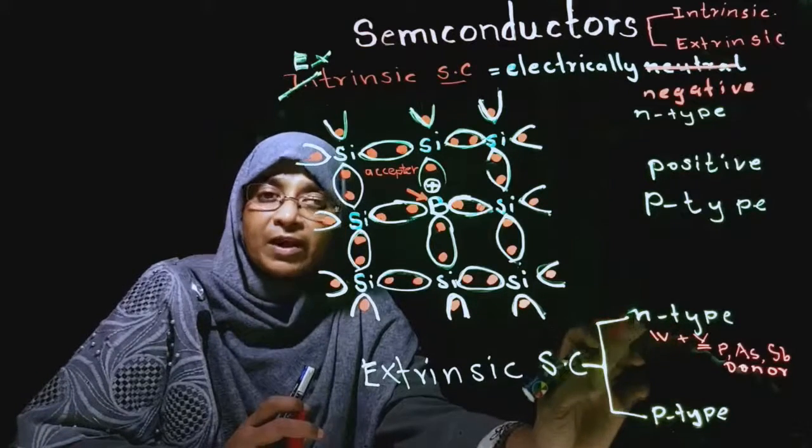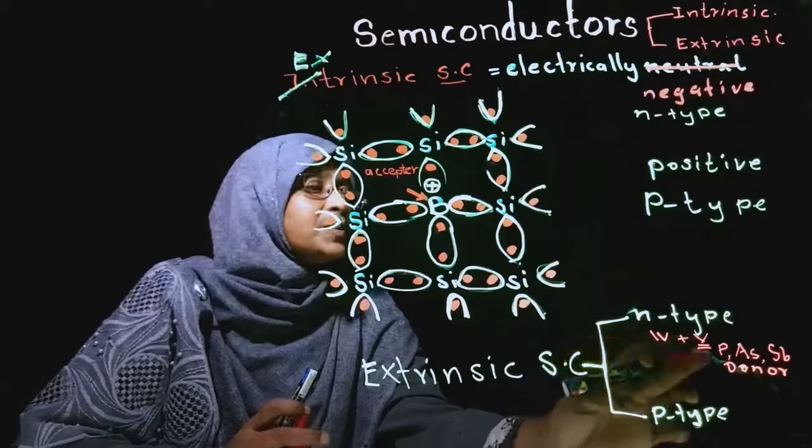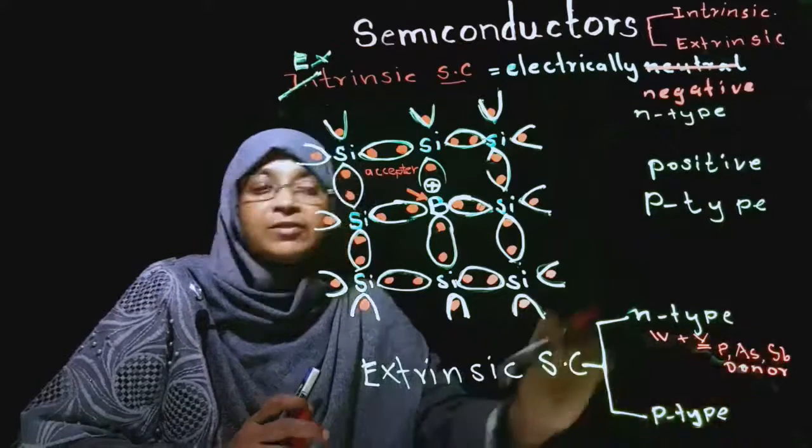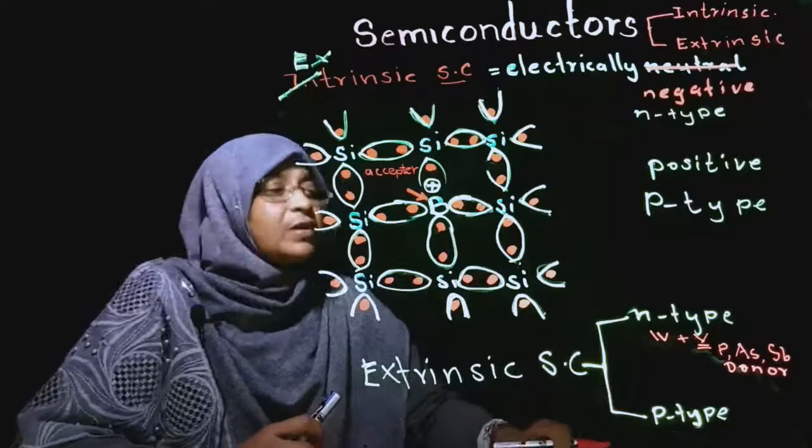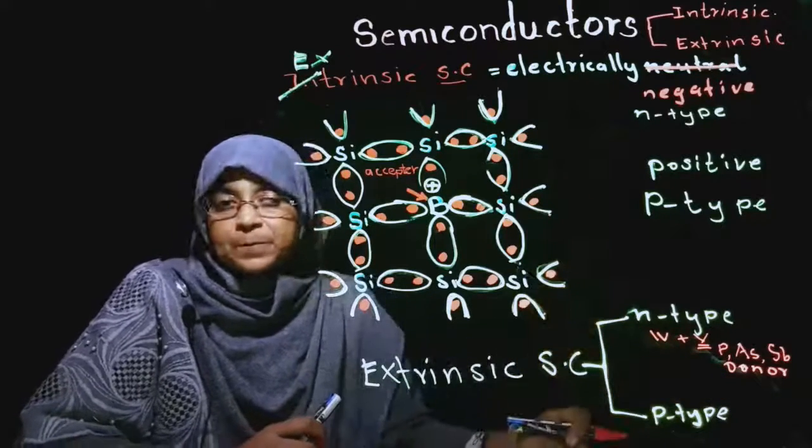As group 5 elements, we can use phosphorus, arsenic and antimony. These group 5 atoms are called donor atoms.